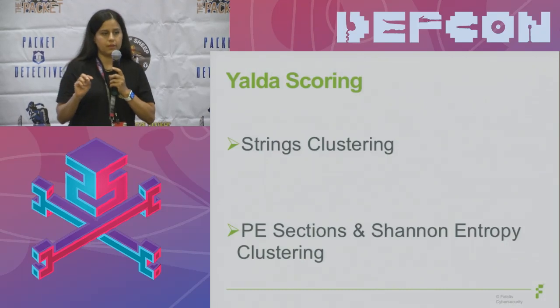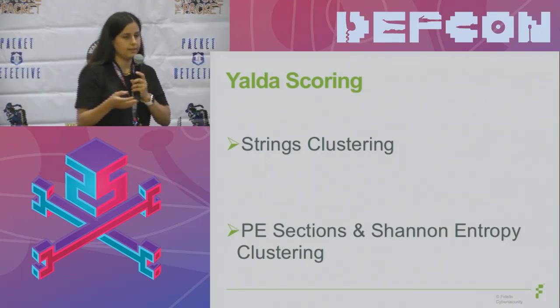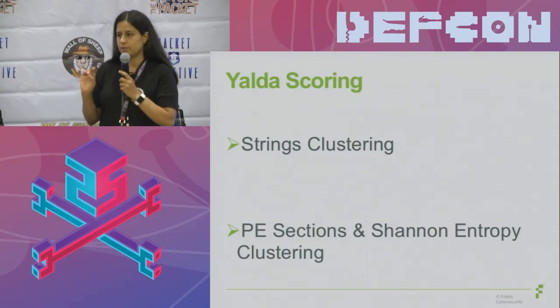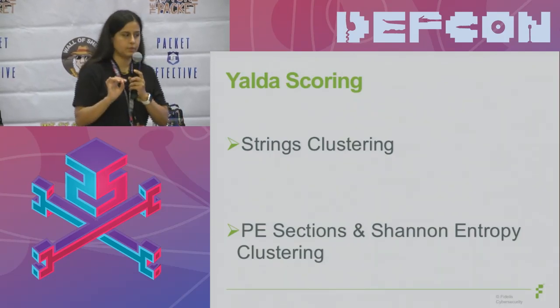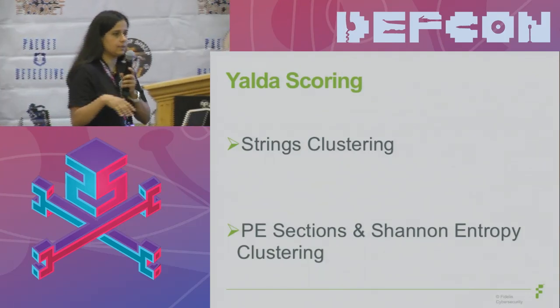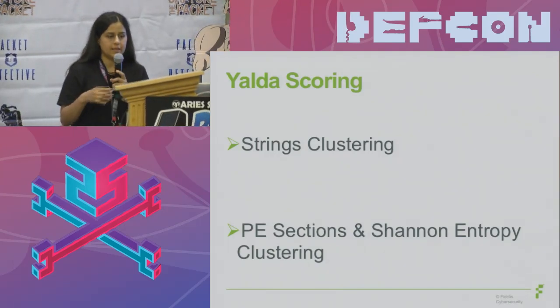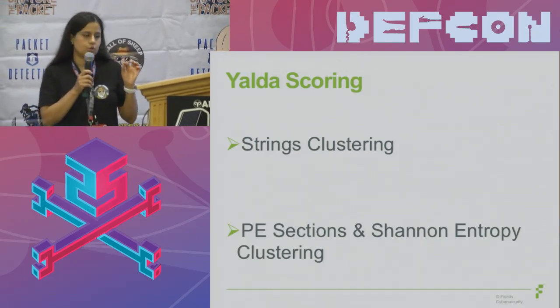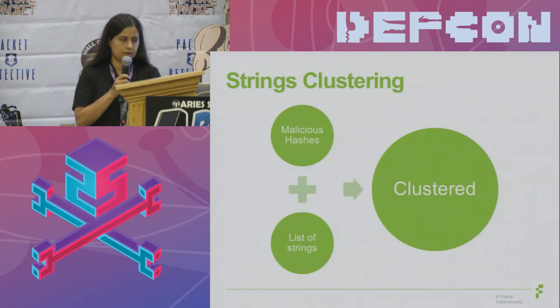When Yalda finds a file is malicious, it starts clustering the strings. It applies clusters on strings, and also if it is an executable and it's detected as malicious, it gets the PE sections, the section names, and the Shannon entropy, and it clusters that information.